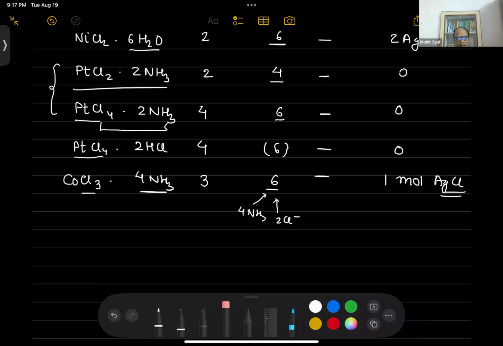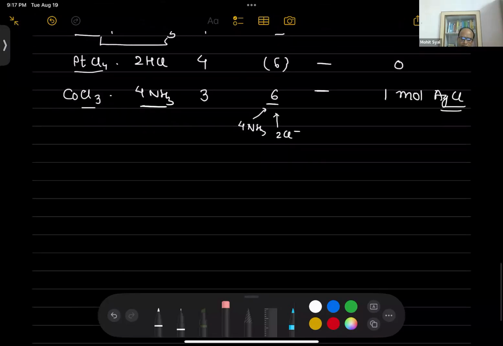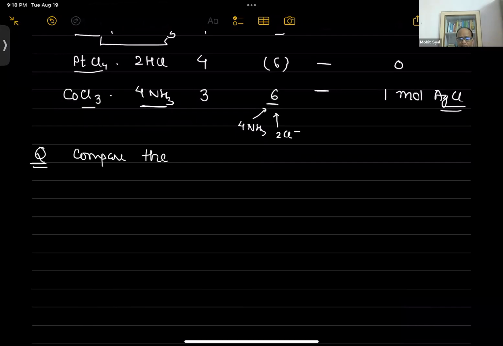The next part is, let's do one question. The question is actually the one which we have seen above, but asked in a new way. This question is also very common.